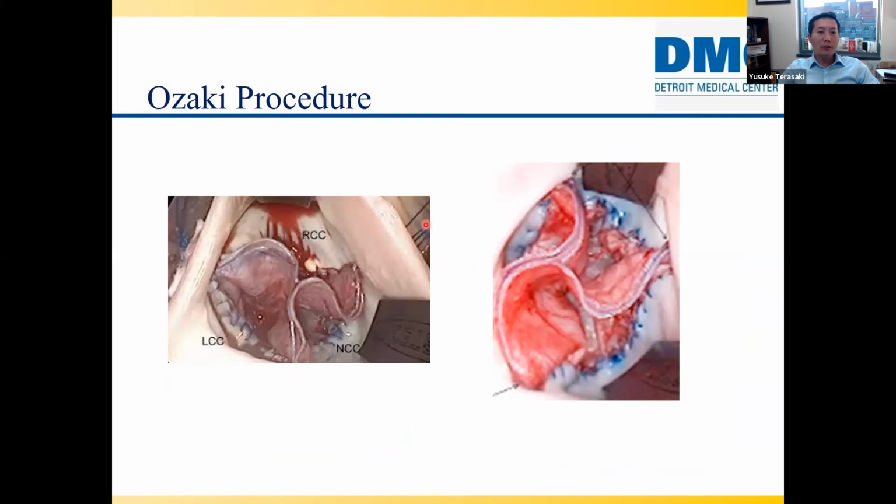The midterm outcome of this Ozaki procedure is at least equivalent to TAVRs and bioprosthetic valves, which is great. And because this is an autologous body part, the pericardium, it might actually last longer.